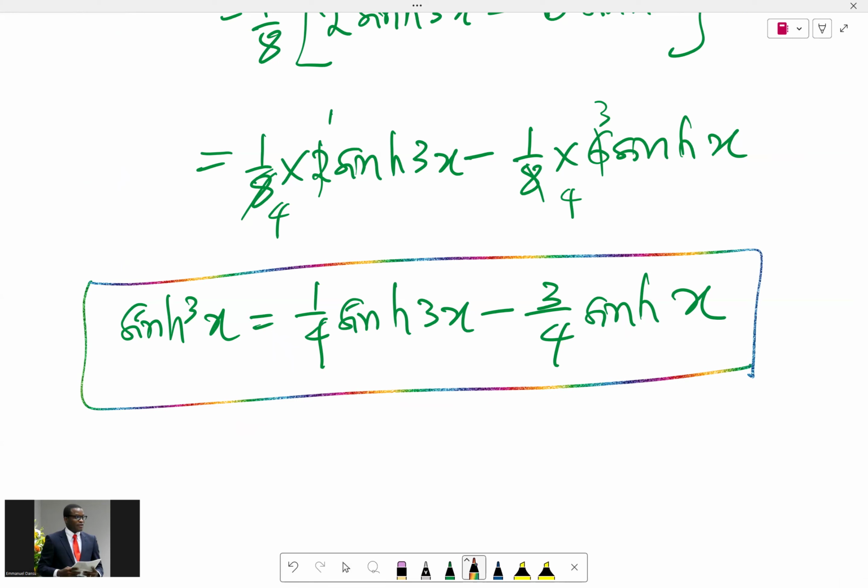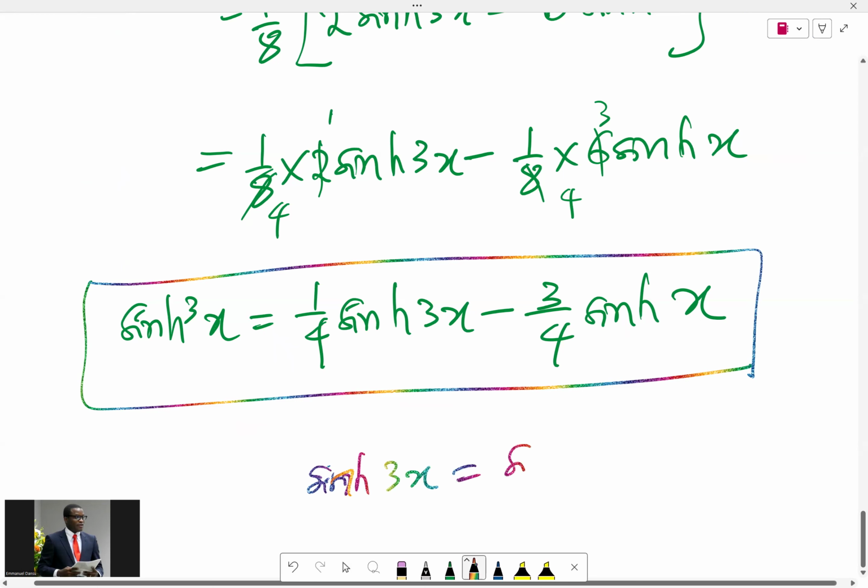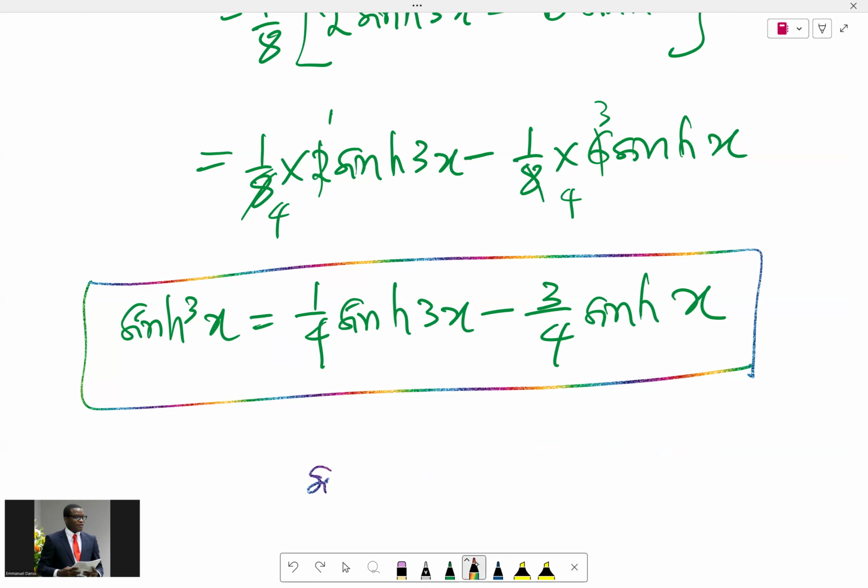There are other ways of doing this. For instance, you can start by expanding sine 3x, you can say sine of x plus 2x, and you do the whole expansion, and then you come back and make sine cube x the subject of the formula. But I mean, the method I've used is also a nice one, so you can try that out too.